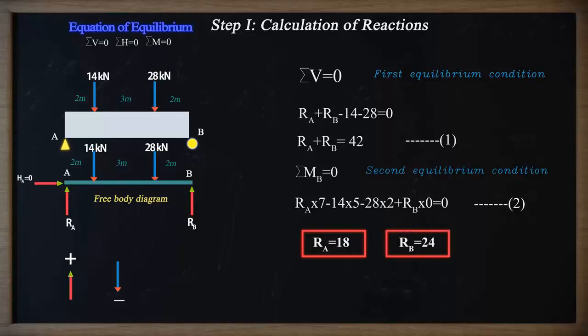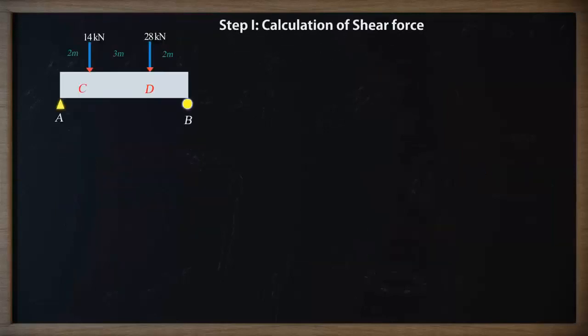Now we have what it takes to calculate shear forces and bending moment. Let's calculate the shear force in step number 2. Shear forces and bending moment can be calculated from either left side or right side. Most people calculate it from left to right. To calculate shear forces, hide the beam and loads on the right side except the point where we need to calculate the shear force.